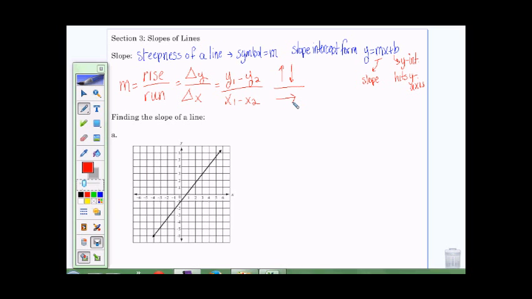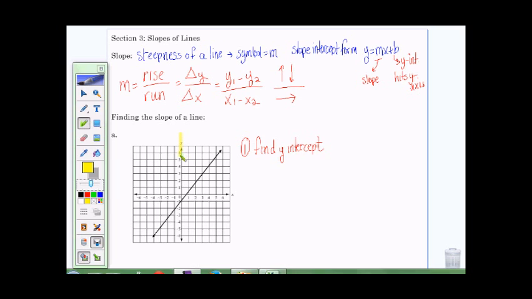So to find the equation of a line where we actually have a picture, our first step is to find the y-intercept. That's where we cross the y-axis. If you look here, I come down the y-axis. Let me just highlight it.